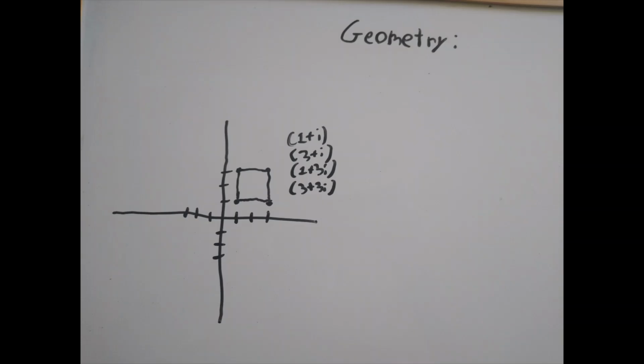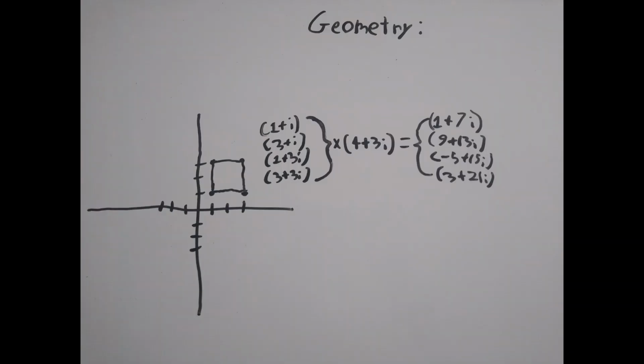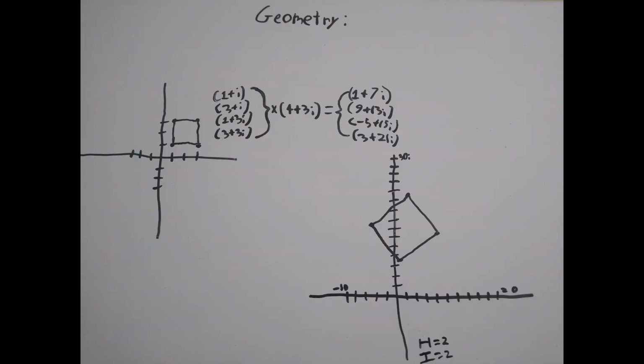1 plus i, 1 plus 3i, 3 plus i, and 3 plus 3i. If you multiplied every point by 4 plus 3i, we get 1 plus 7i, -5 plus 15i, 9 plus 13i, and 3 plus 21i. If you put these numbers on the complex plane, you get the same square, with bigger area, and rotated counterclockwise.